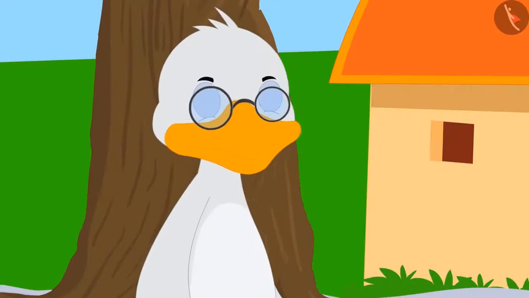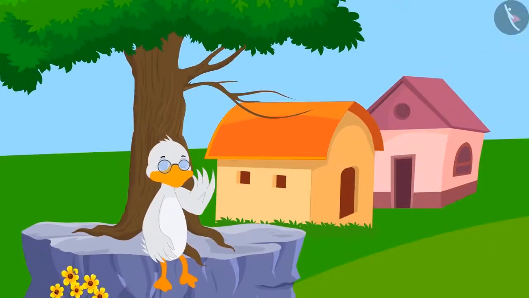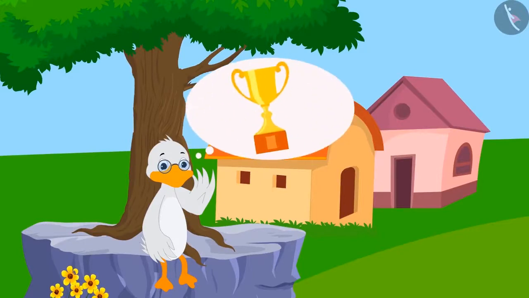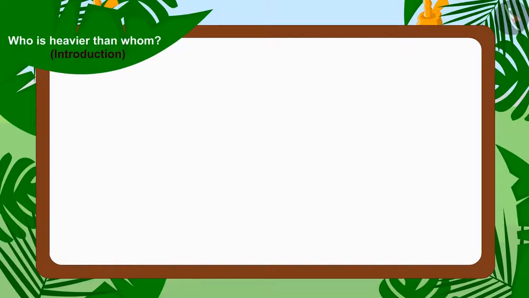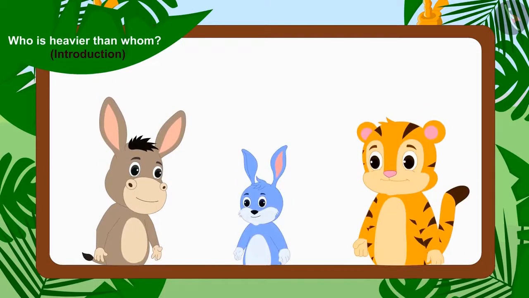Now, the judge of the competition, Barbole uncle, is wondering who should be the winner after all. Children, can you tell which of the three carried the most weight? No problem.